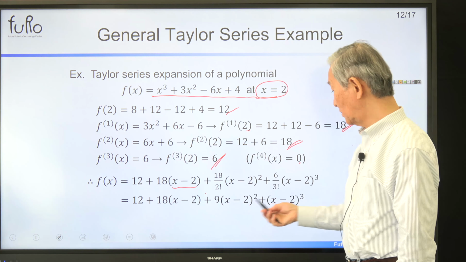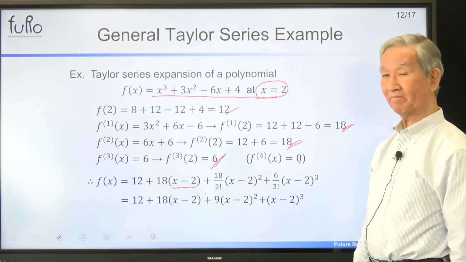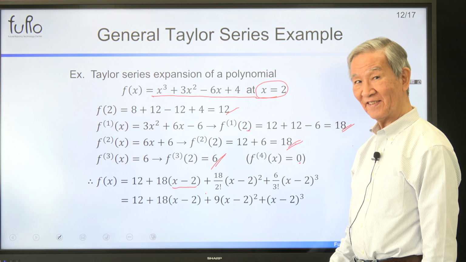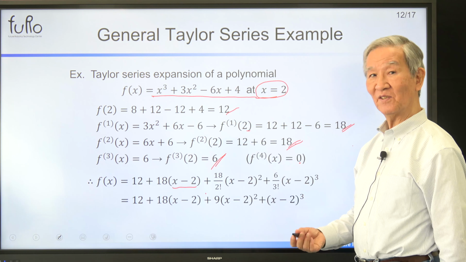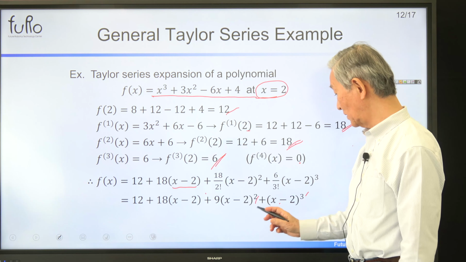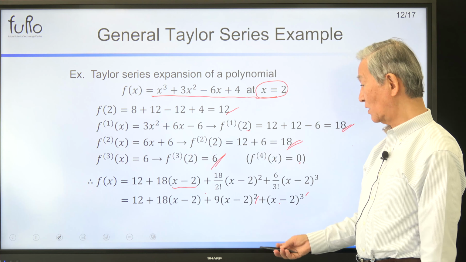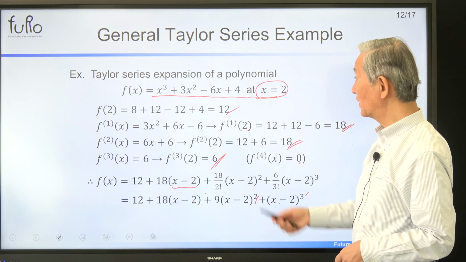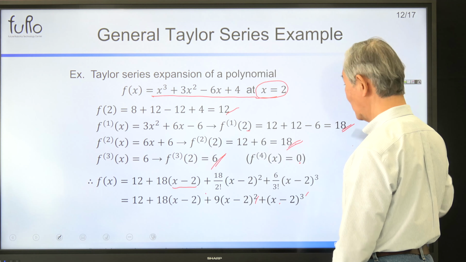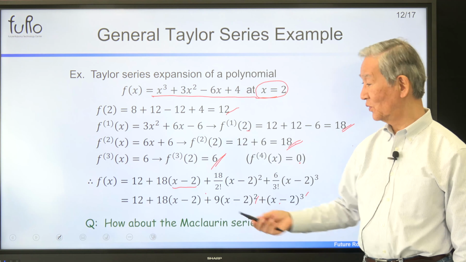And comparing these two, you have this. Do you believe this? Well, it is very easy to check it by just computing this cube and this squared and putting them together. Then you get the original one. Check it.